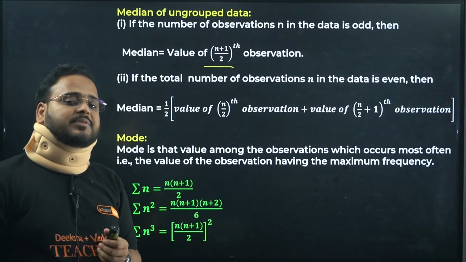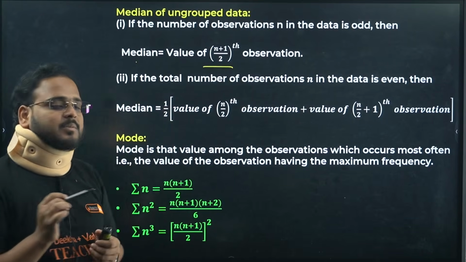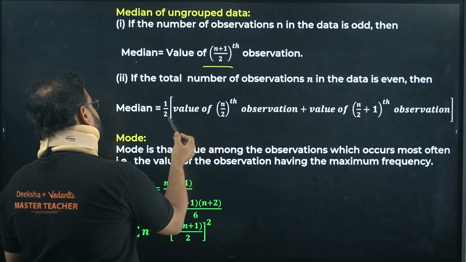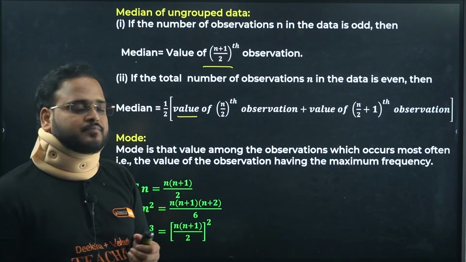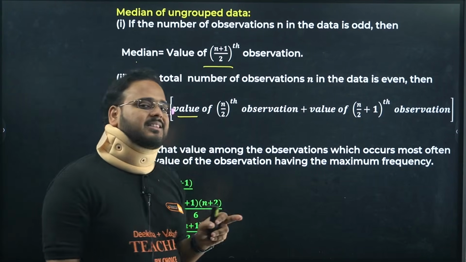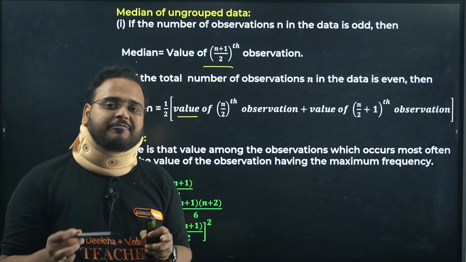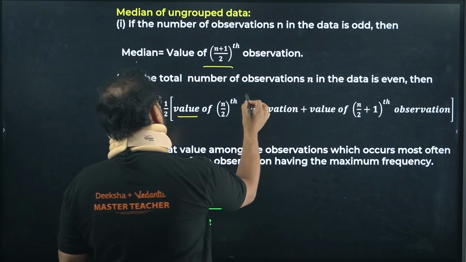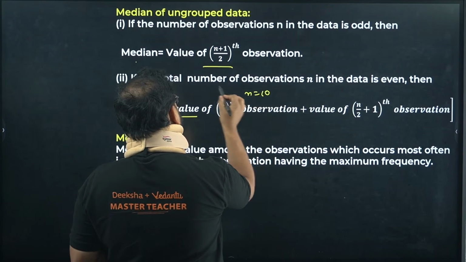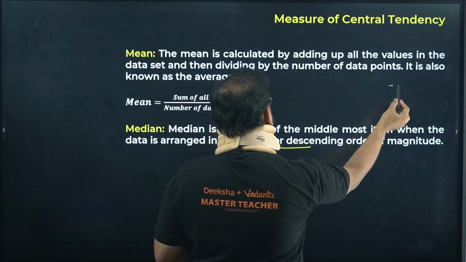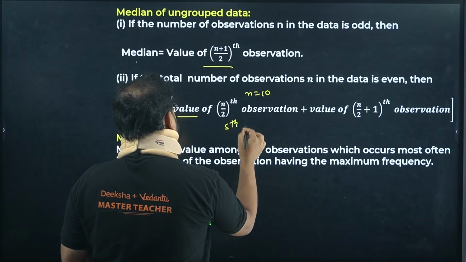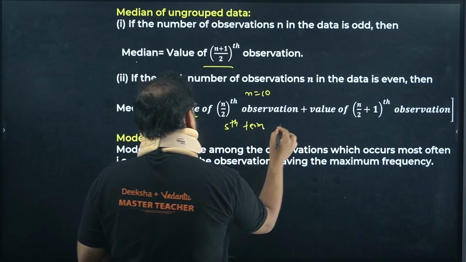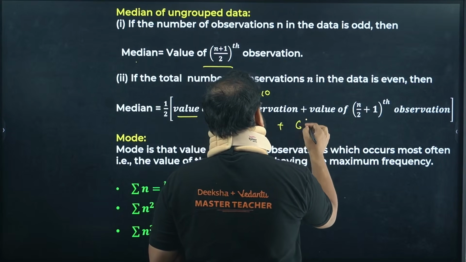And if the number of observations is even, then you find the median using half of the value of the n by 2th term plus the next term. Let's say n is 10. So n by 2 will become 5. If n is 10, n is the number of even terms, this becomes the 5th observation, so the 5th term plus the next, the 6th term.